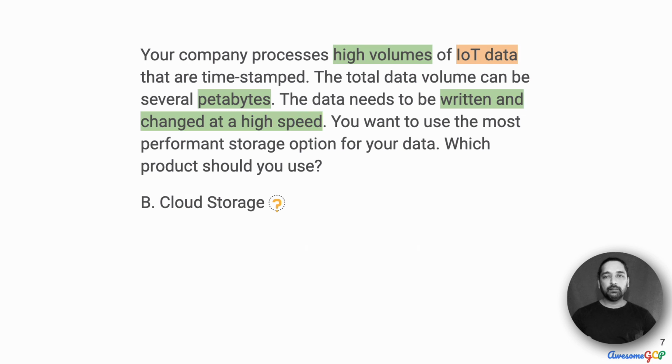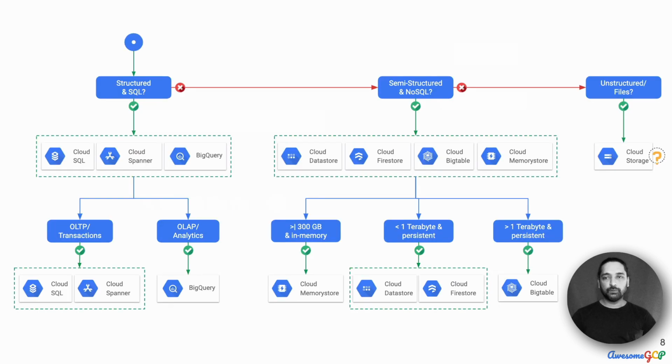Let's look at option B, Cloud Storage. What is the data? It's IoT data. So this is going to be data that probably comes in as JSON or some other similar format. What is Cloud Storage used for? Looking at the far right, Cloud Storage is a blob storage that stores unstructured files. So when you have data like PDFs, videos, images, then Cloud Storage is your best option, or is one of the options.